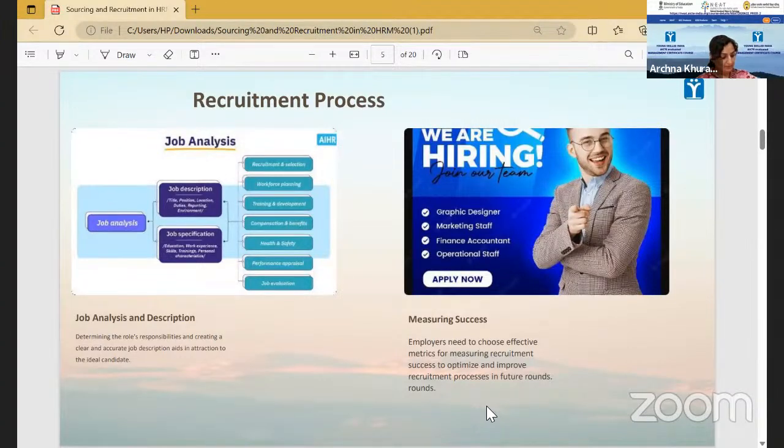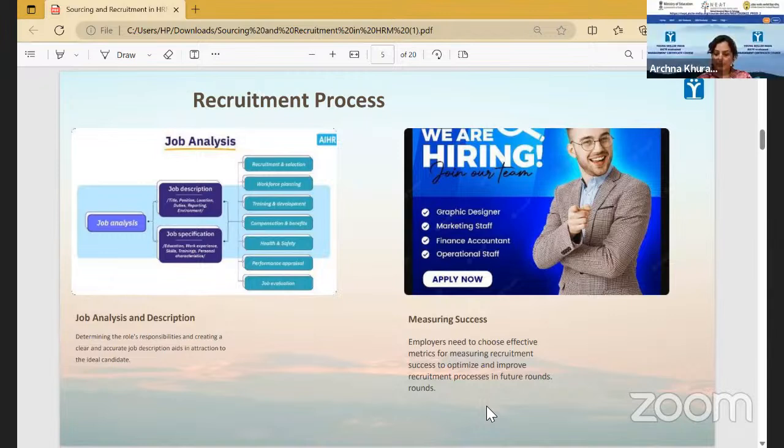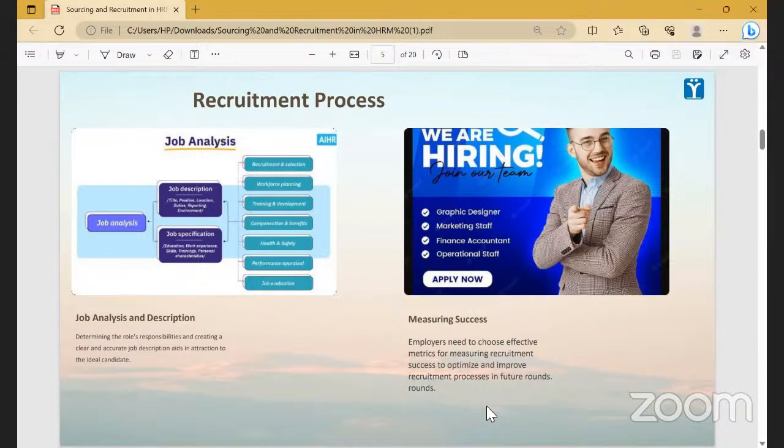Anjan, you have some idea? Actually, first the HR can send the job descriptions to the college. The first thing is the job description, what they are expecting from the students. The second thing is they go to the university campus.